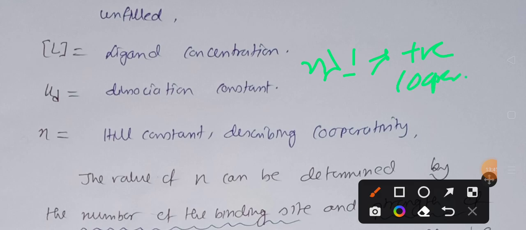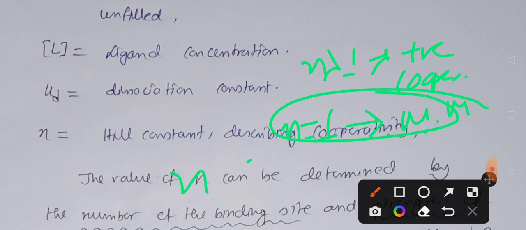Now when n is equal to 1, there will be no cooperativity shown, and we will see normal Michaelis Menten kinetics under such a condition. But when n is less than 1, we will see negative cooperativity. Okay, so that is the idea.